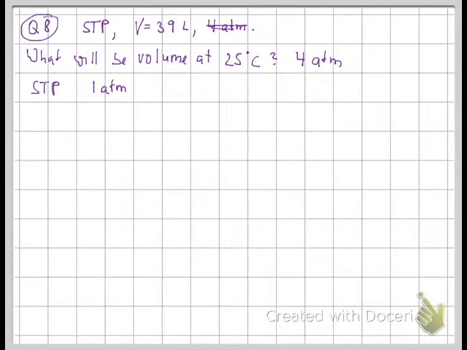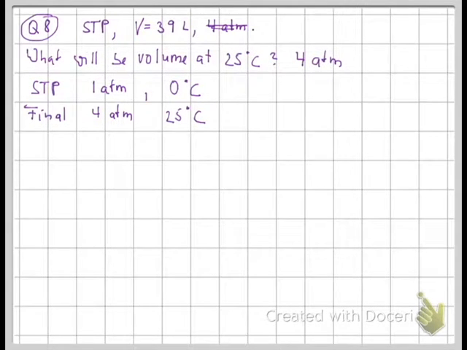So STP is 1 atmosphere initially, and 0 degrees Celsius. So that's the initial condition, 1 atmosphere, 0 degrees Celsius, and your final pressure and temperature is 4 atmospheres and 25 degrees Celsius. So you're increasing the pressure and you're increasing the temperature.